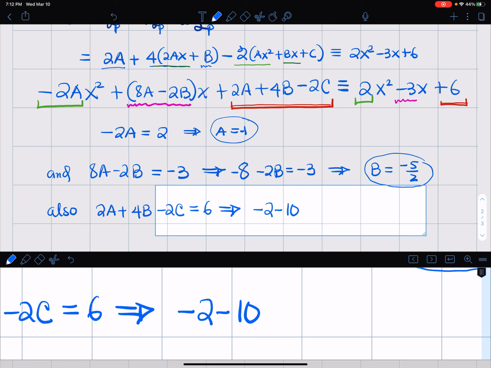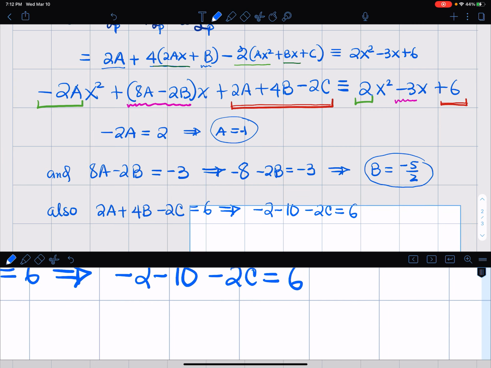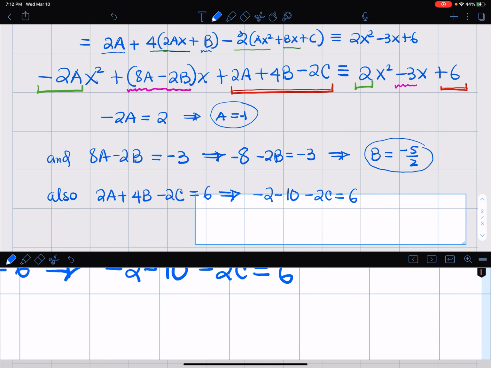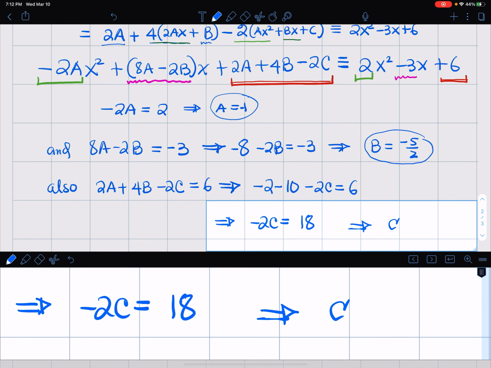And then c, we don't know what c is. We're looking for c actually. So this is 6. So this tells us that negative 2c is equal to 18. So that means that c is equal to negative 9. Okay.